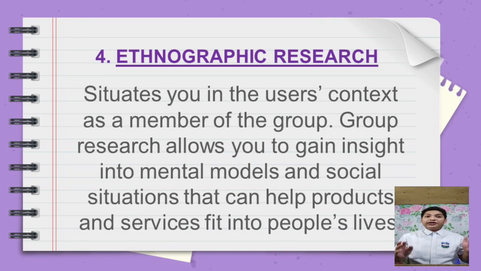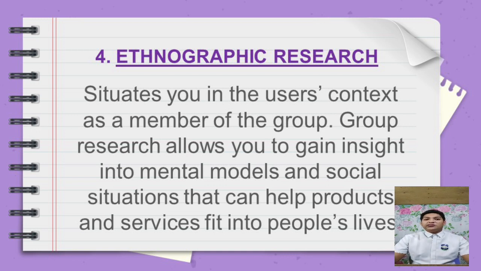For number four, ethnographic research. This is a study through direct observation of users in their natural environment rather than in a lab. The objective of this type of research is to gain insights into how users interact with things in their natural environment.